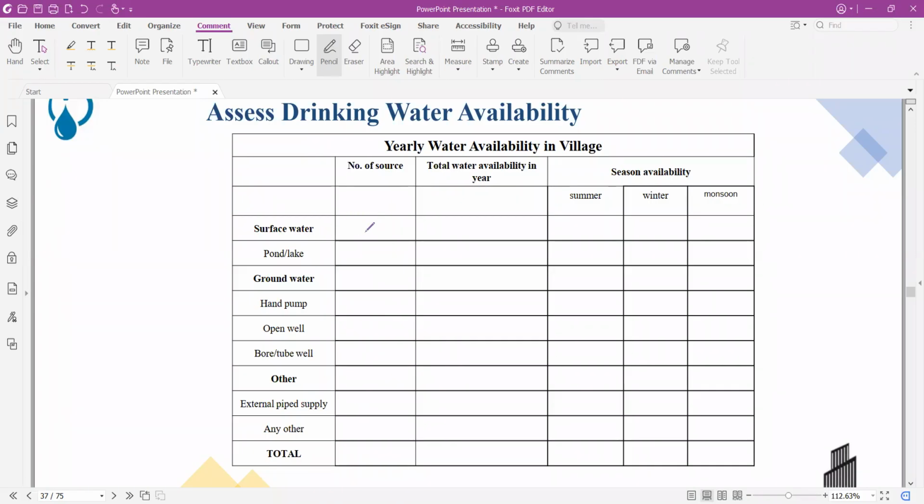After that, you have to find the total availability in these sources. For example, to find the availability of surface water like a river or a stream, consider the cross section of that area, where water is flowing through the river.